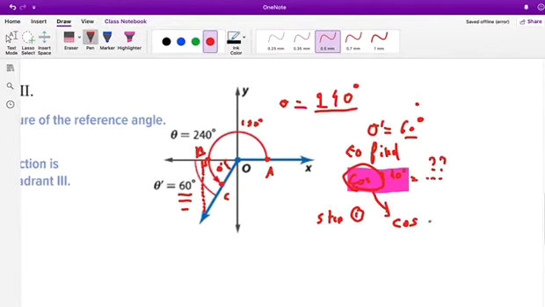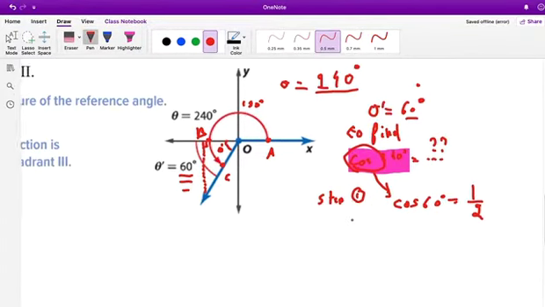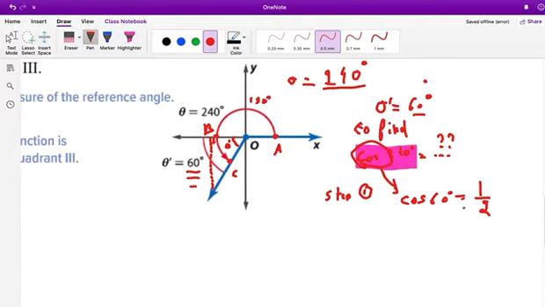So let's start by finding the cosine of the reference angle, cosine 60. What is the cosine of 60 degrees? Everyone should know it. It's 1 over 2. This is step 1.